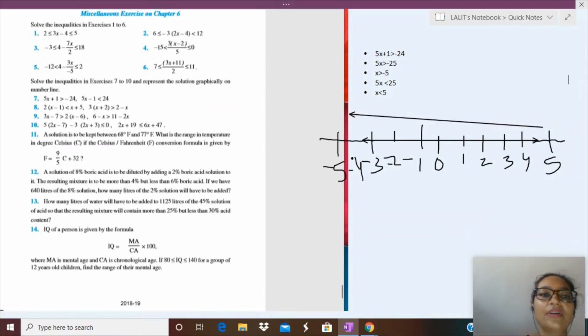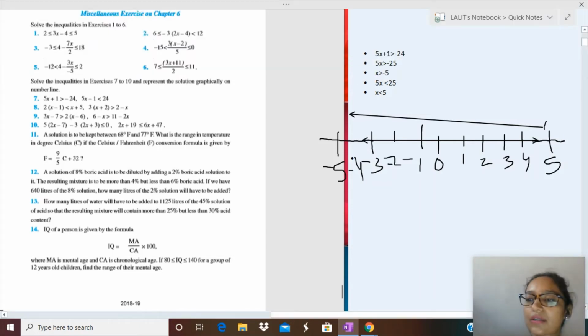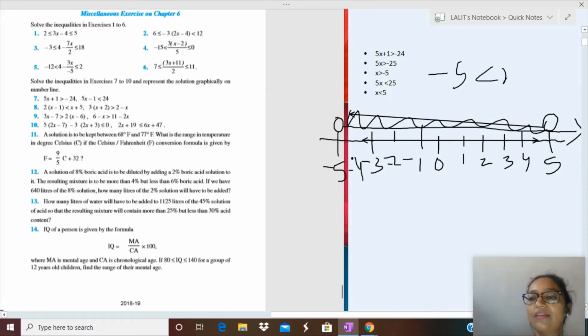And I'll have a circle on top of it indicating that this particular point is not included, right? Now similarly for x greater than minus 5, I'll have a line here and it will go like this. Now what is the common region between both? So this is the common region between both. So our answer, if we would have interpreted, would have been minus 5 less than x less than 5. In terms of bracket, this would have been minus 5 and 5. So this is how we will represent it graphically, right?